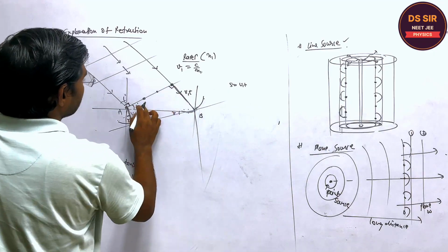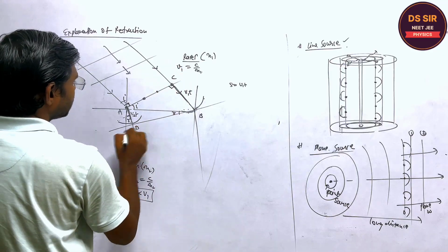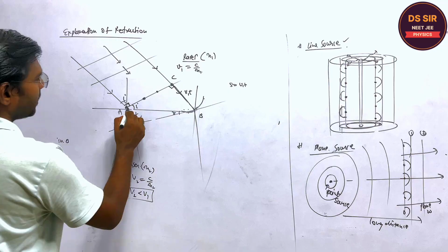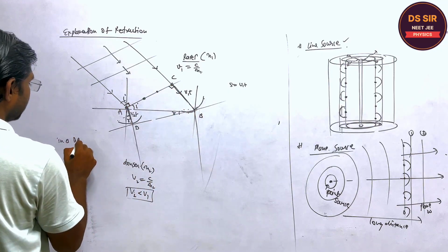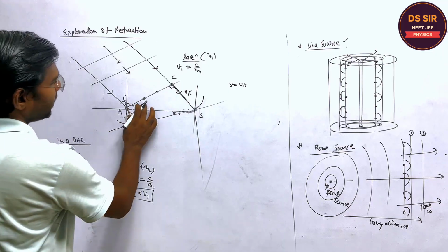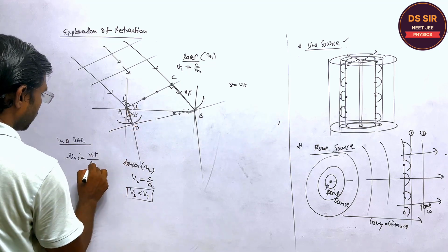So in this triangle, triangle ABC, and I am assuming this is C and this is D. In triangle BAC, what will you apply? Sin i. What is sin i? It is equal to the perpendicular v1t upon the hypotenuse.